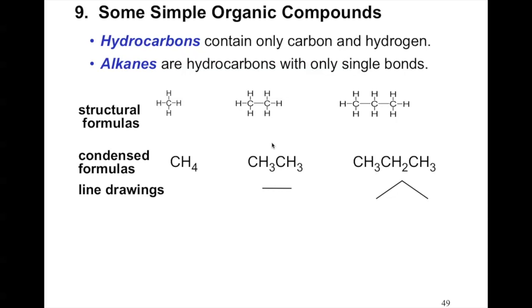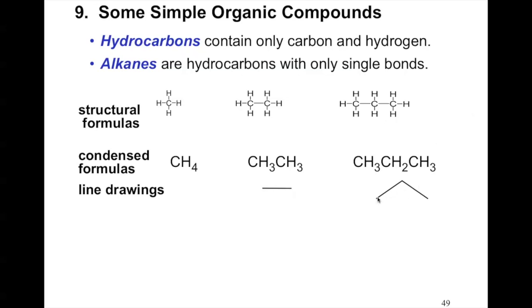Now, in addition, there's a more compact way of representing the structural formula and condensed formulas, and that is by denoting the carbons as points that are connected by a line. So here we have a carbon bonded to a carbon, and it is implied that we have 3 hydrogens here, so that each carbon has 4 bonds, and that this carbon is also bonded to 3 hydrogens. It's just implied in this highly compact representation.